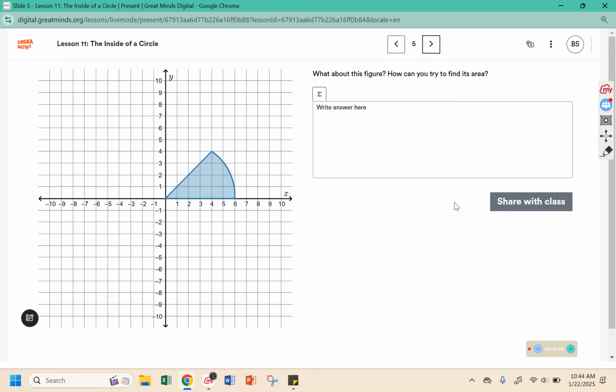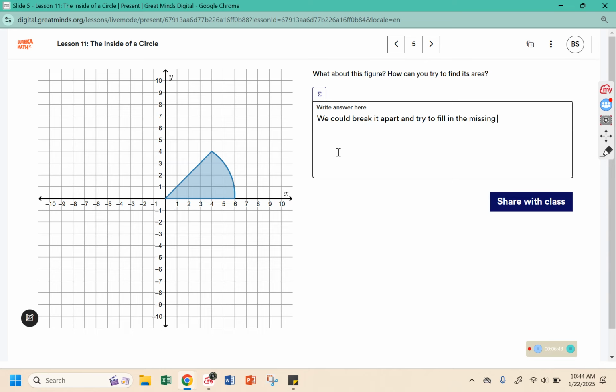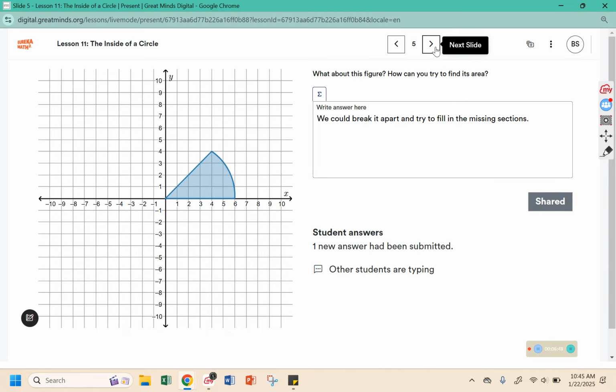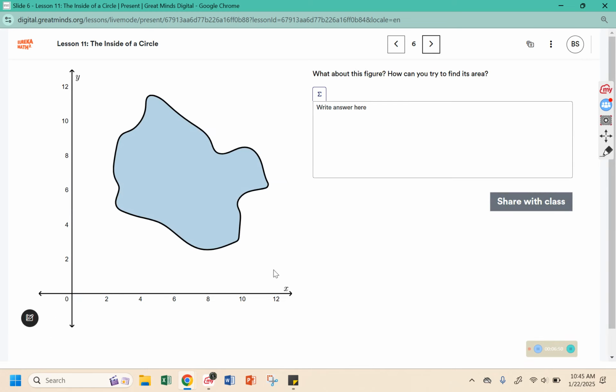What about this figure? How can you try and find its area? We could try to break it into a triangle and then cut up these parts to fit into the little missing sections. Okay, this one's looking even more challenging.